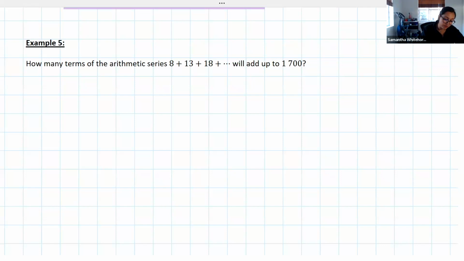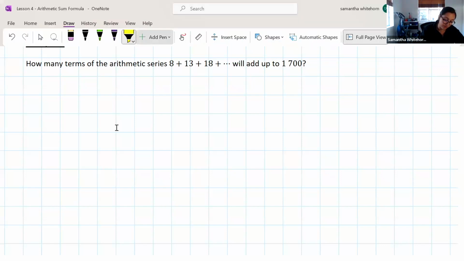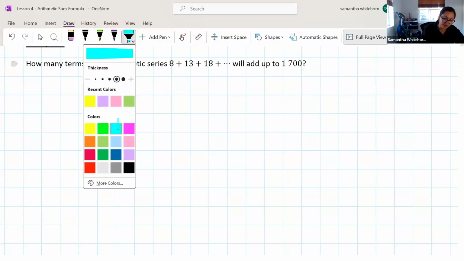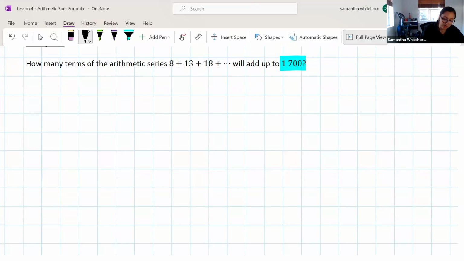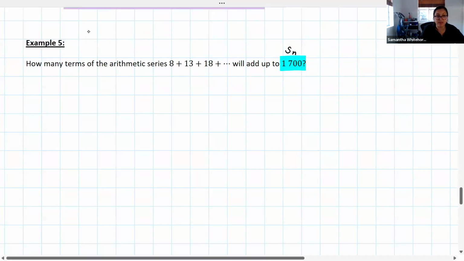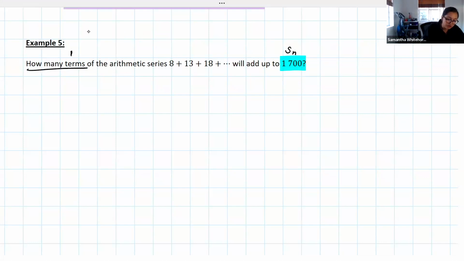What's really important here is that we take note that this 1,700 is the value of Sn. They have given me the sum. They are asking me how many terms, so they are asking me for n. When you get questions like this, break it down like that and figure out what it is you know, what it is you're looking for.